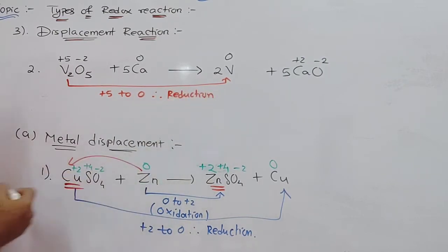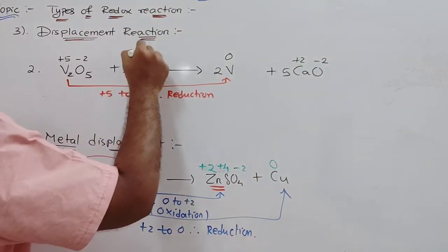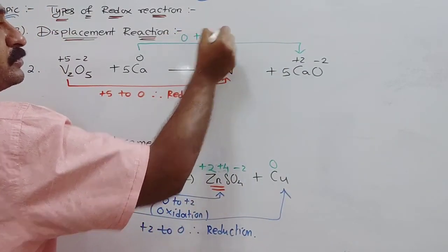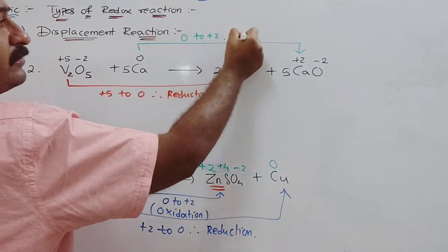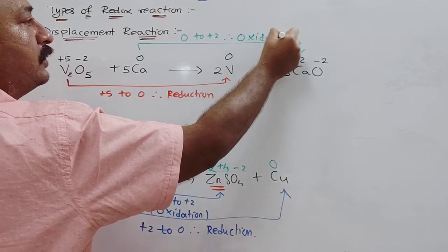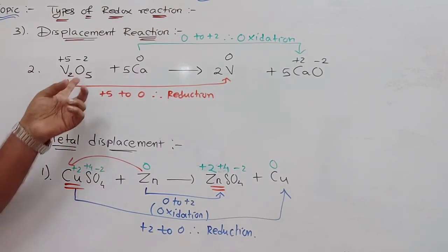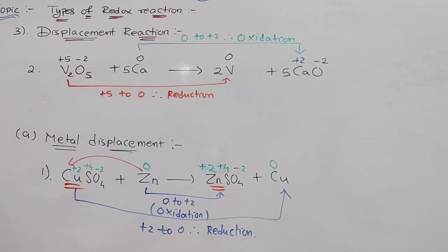Same for calcium: it goes from 0 to +2, an increase in oxidation number, therefore oxidation. This was for vanadium pentoxide, which has 5 oxygens, that's why we call it pentoxide.